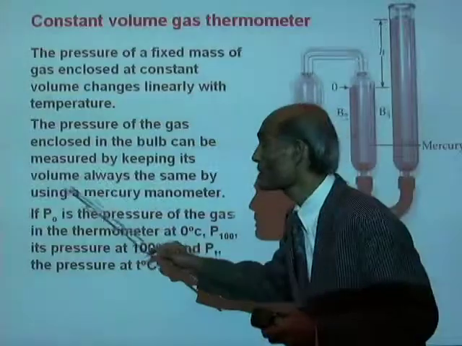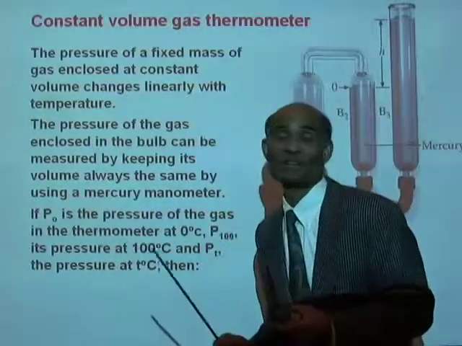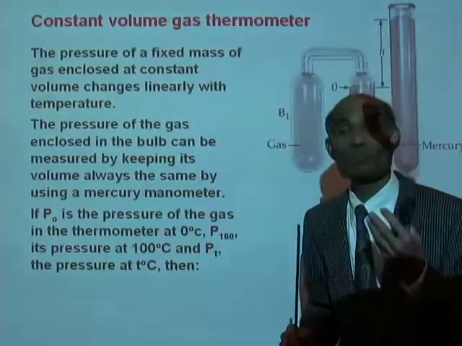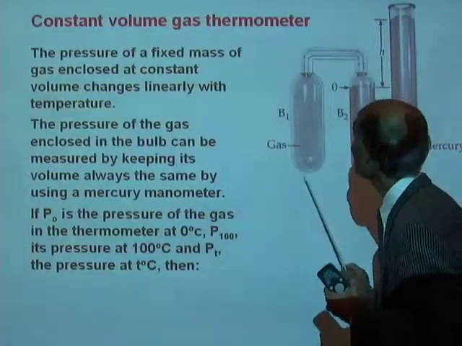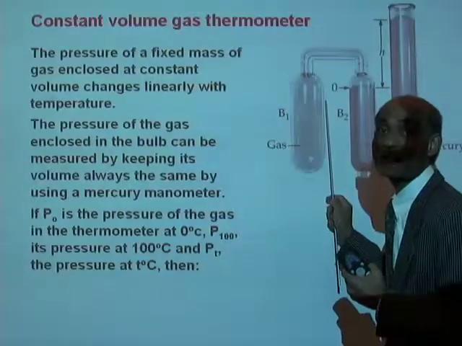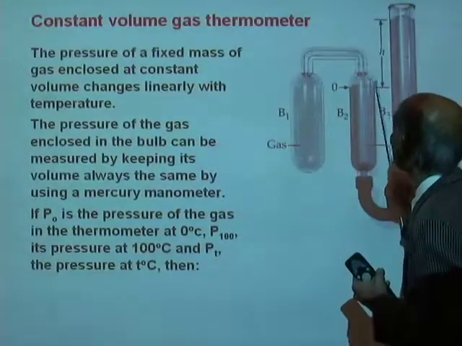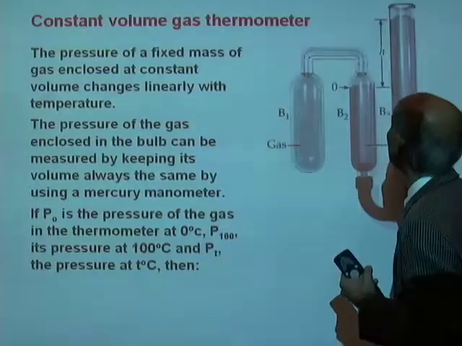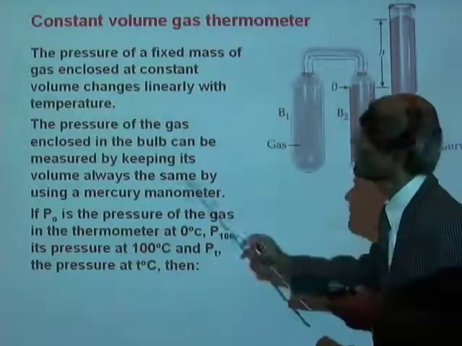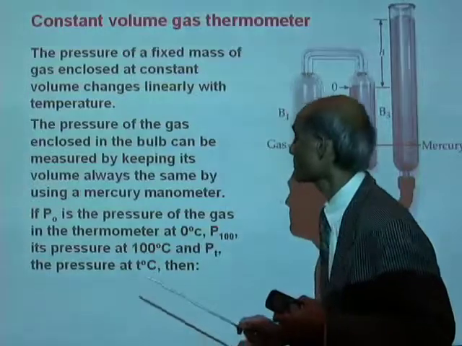Now, if you can measure P0, P0 stands for pressure at 0 degrees Celsius. That means cover this bulb with melting ice, adjust the manometer to bring the level of mercury to the fixed mark, and then measure the pressure. That will be P0.